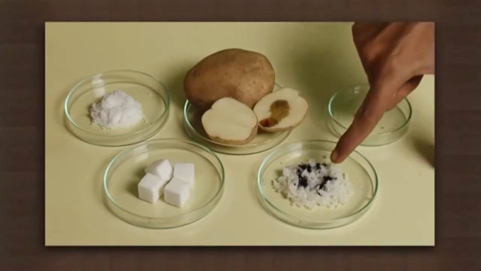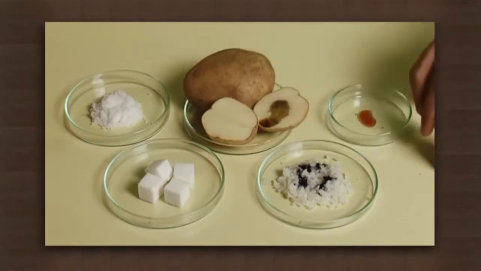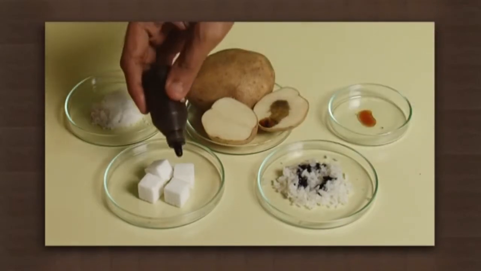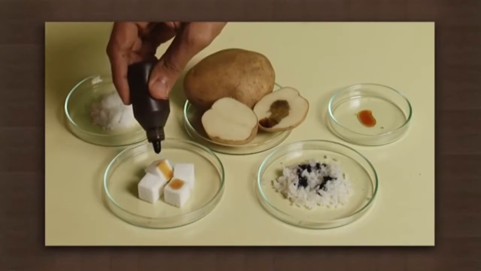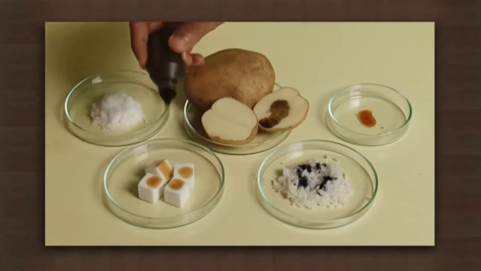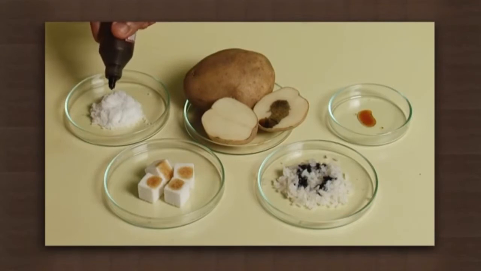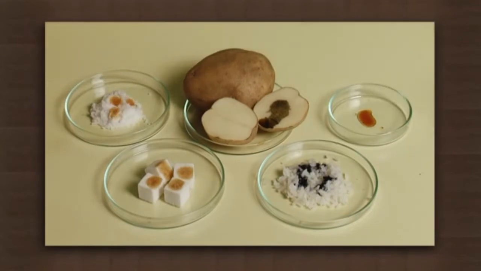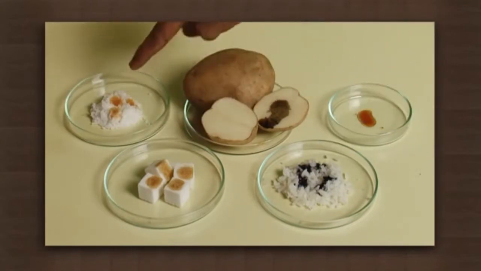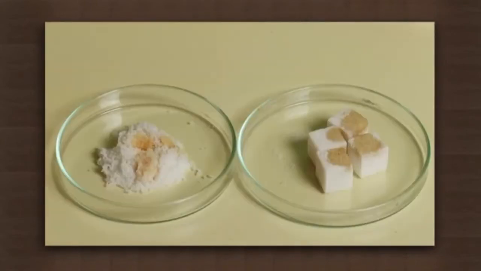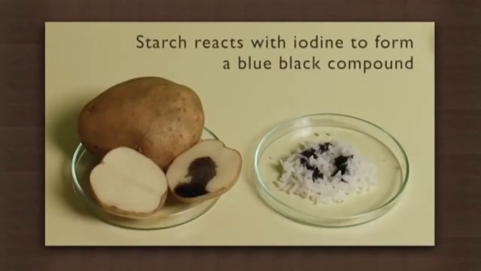Both turn the iodine blue-black. Put some iodine on the sugar cubes. The color does not change. Salt too does not change its color. This proves that sugar and salt do not contain starch, while the starch in rice and potato reacts with iodine to form a blue-black compound.